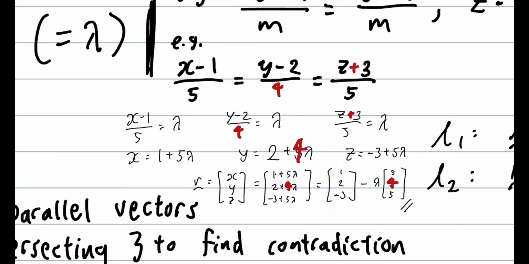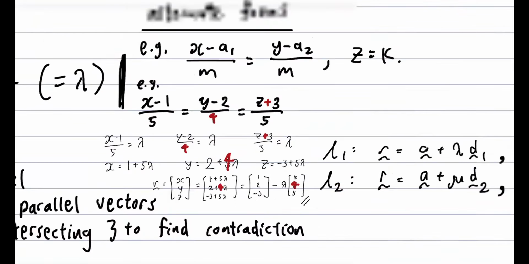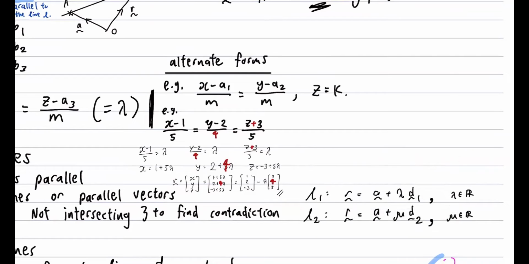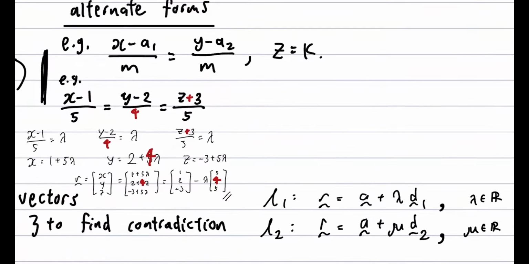Okay, take note that sometimes there will be examples where they give you one constant like this. Let me give another quick example. Let's say you got x minus 1 over 2 equals y minus 5 over 7, and then they give you z equals 9. What you do is work with the z equals 9. Think of it as z equals 9 plus 0 lambda.